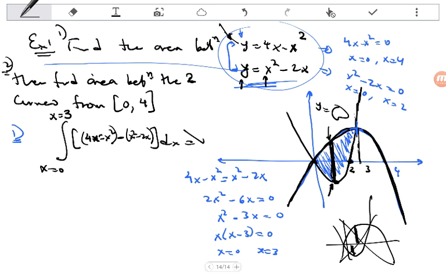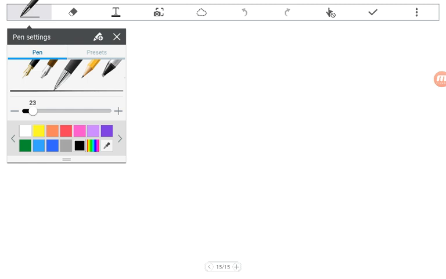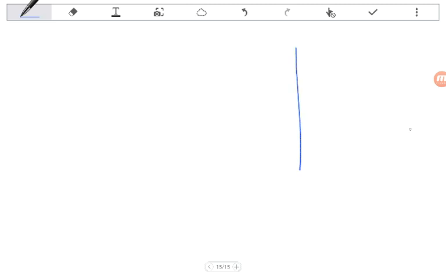Okay? Now for the other part of the problem, which he extended to find the area between the two curves, but from 0 to 4. Now I will graph the function again to look at the difference carefully between the two problems.